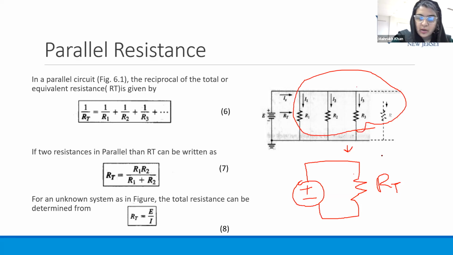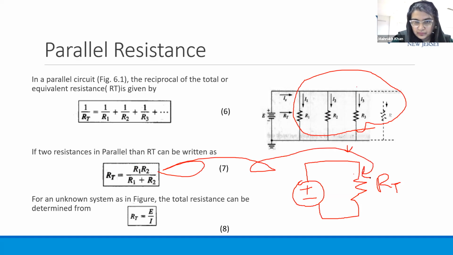So it depends how many resistors you have. Let's say here you have 2 resistors, then this RT will be equal to R1 into R2 over R1 plus R2. So that's how you calculate your total resistance, and then you can find your I here, because you know your E, and you can find the total current that is flowing here, this I, right?